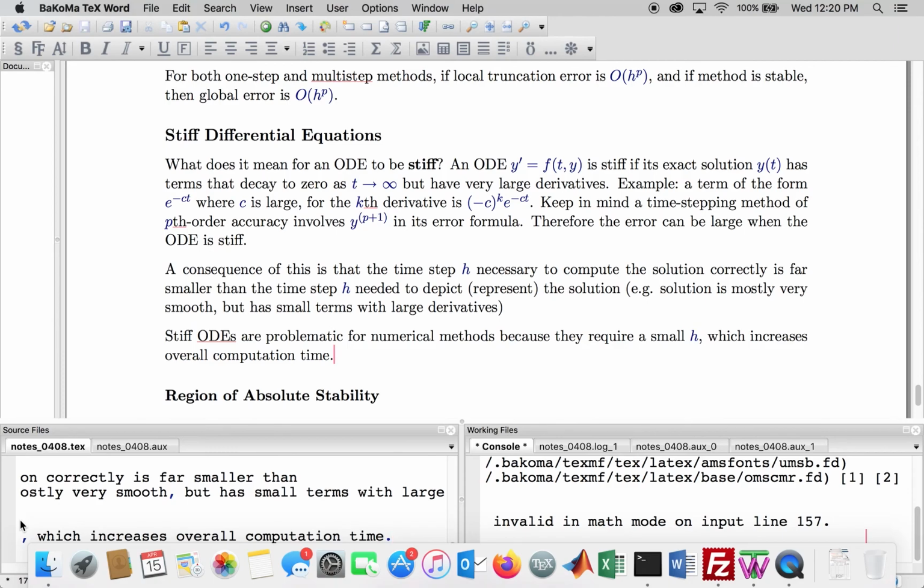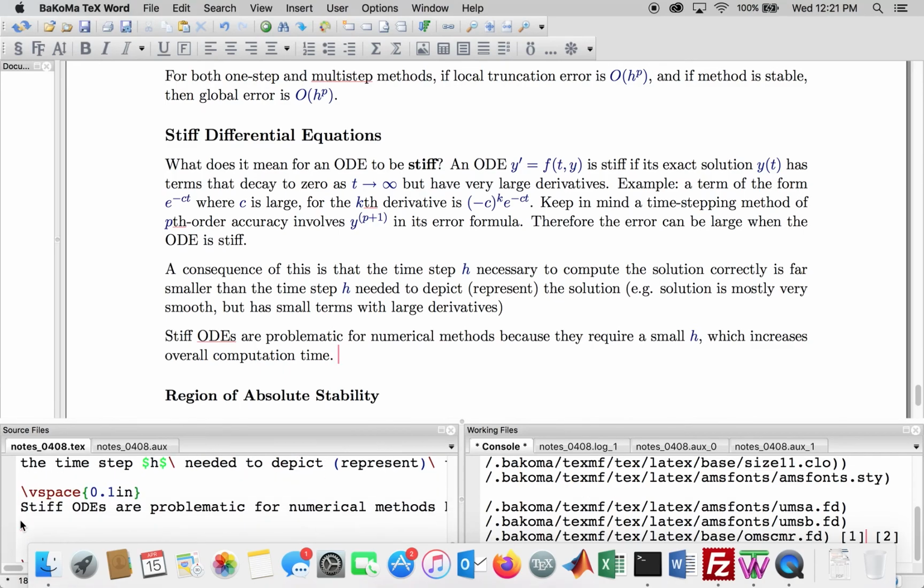And this is one reason, as we'll see, why implicit methods are often in favor for such problems, because you may still need to use a small time step, but not as small as what you would need from an explicit method.